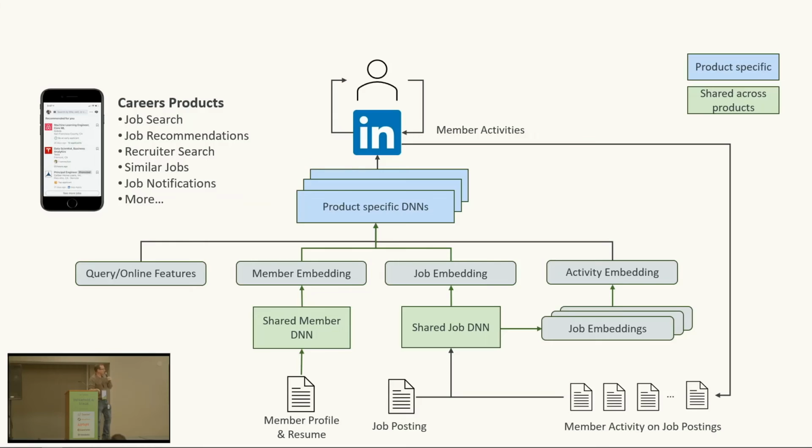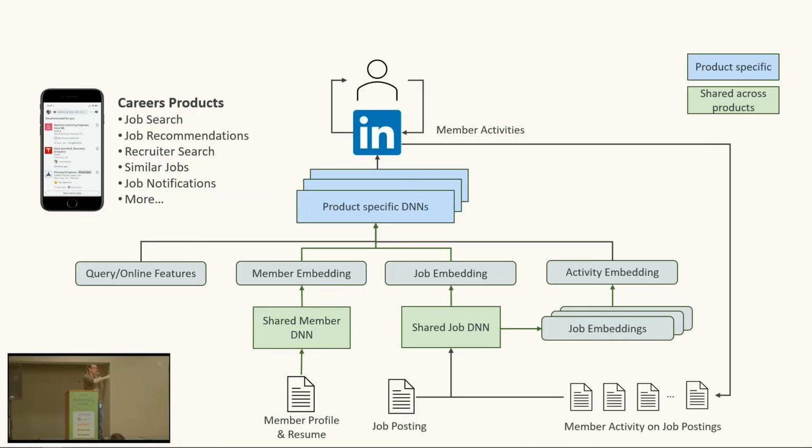The second thing that we have is those activity features that I mentioned earlier. So, the feedback loop on top: we do recommendations, our members interact with them, and within a few seconds the activity log is available to all of the other products that we power at LinkedIn to do personalization. And we have a personalized DNN on top of it, the blue box.